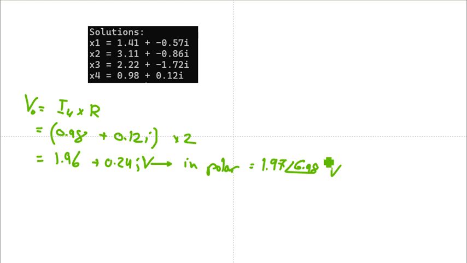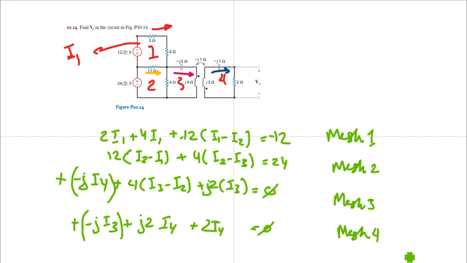So that's how we do this problem. The hardest part of this problem is actually solving these 4 simultaneous equations, but setting up the equations is pretty easy. Just follow the path of the current.